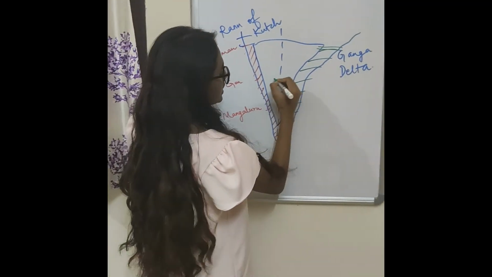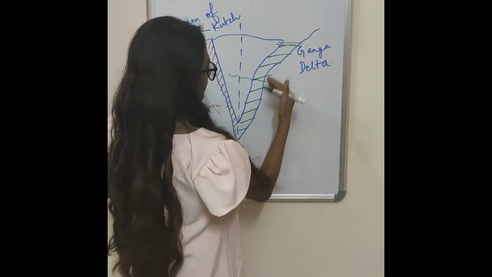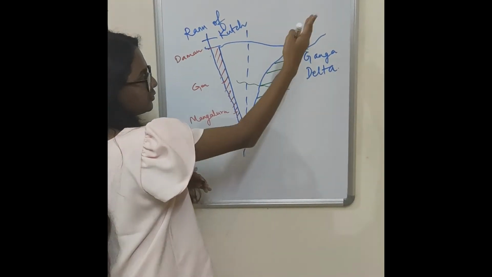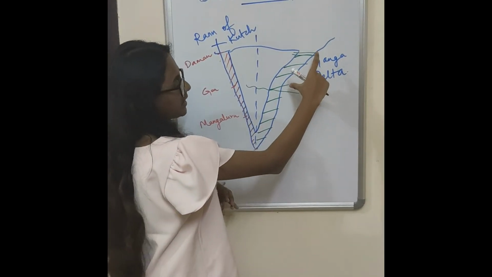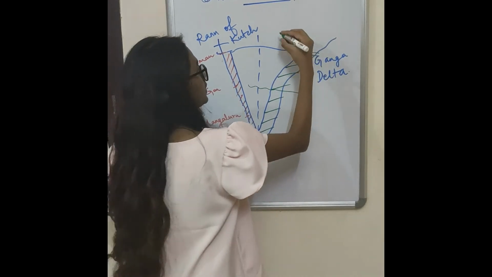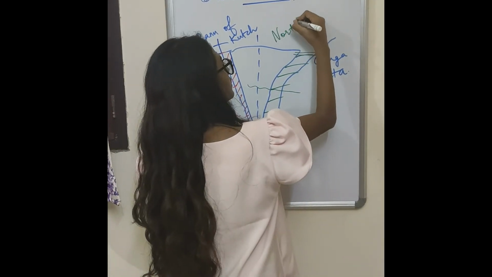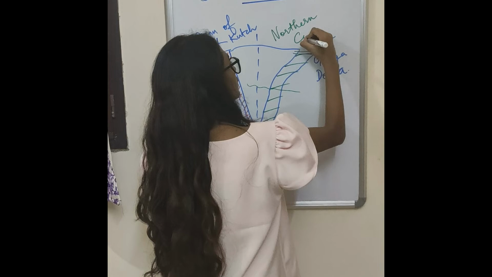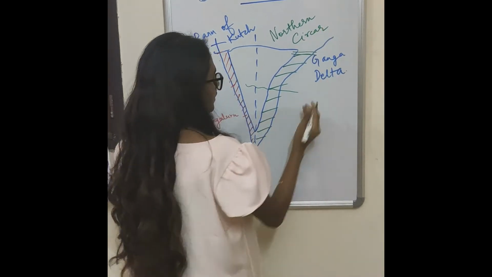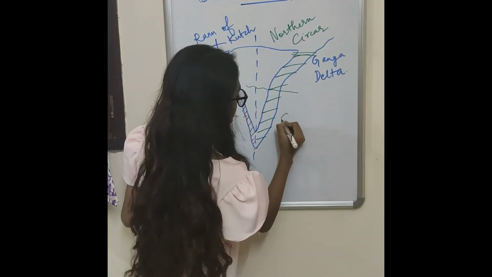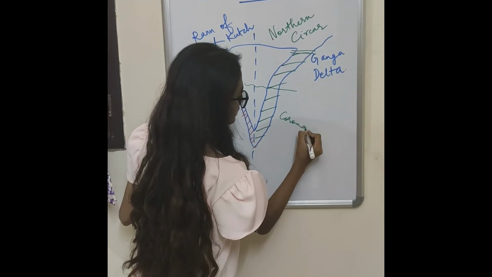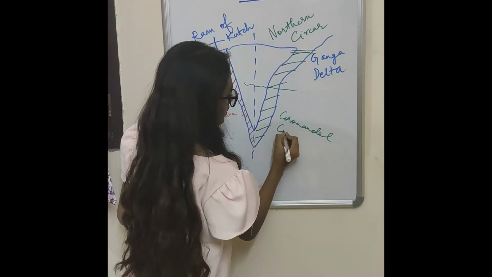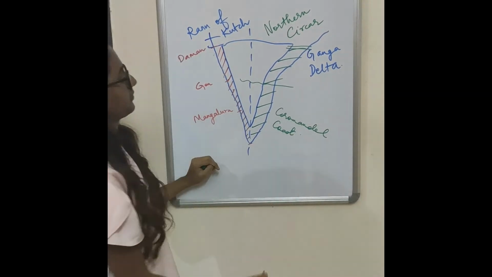So the Krishna river, as it flows, it roughly cuts the eastern coastal plains into two parts. So the northern part here is called the Northern Sarkar, and the bottom south is called the Coromandel coast. Alright.